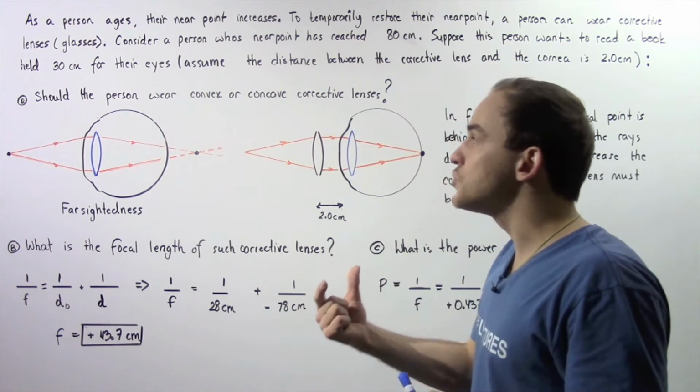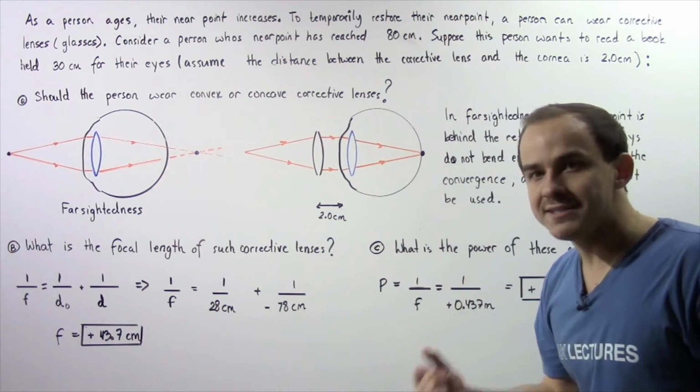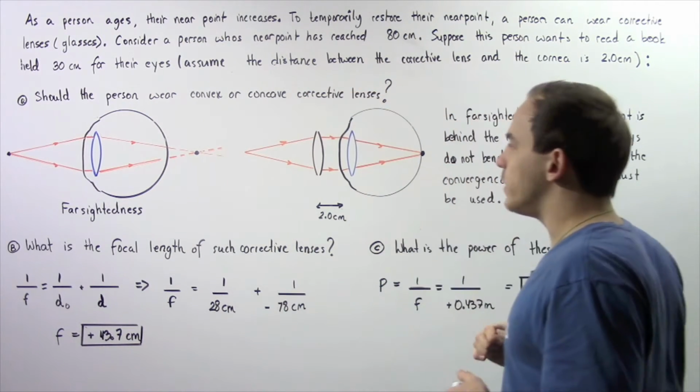So we can use a convex lens as shown in the following diagram.